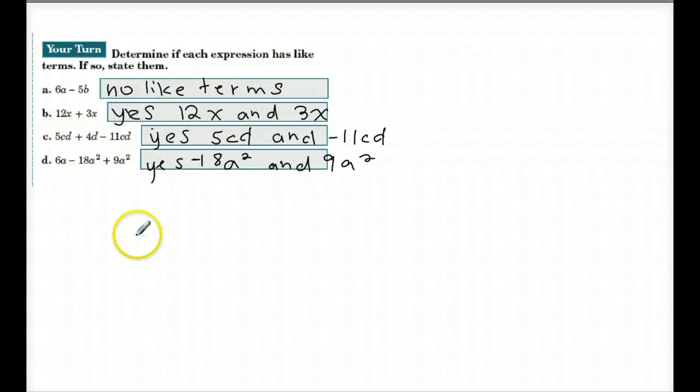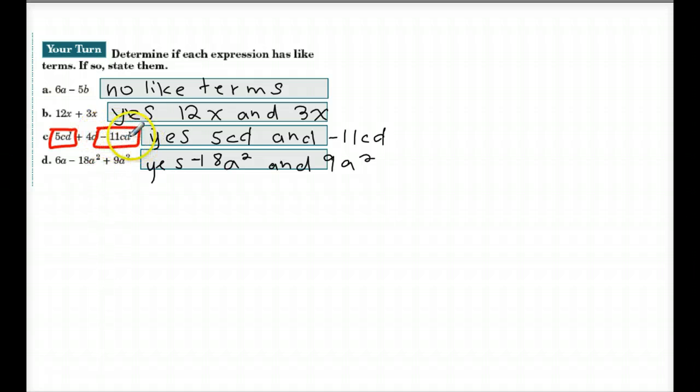For C, I just want to talk about this really quick because I didn't mention it before. Notice here there is like terms. 4D is not one of them, but 5CD is. And also notice I put negative 11CD. Why did I put negative? Well, because if we were to box this term out, you have to take into consideration the sign that's before it.